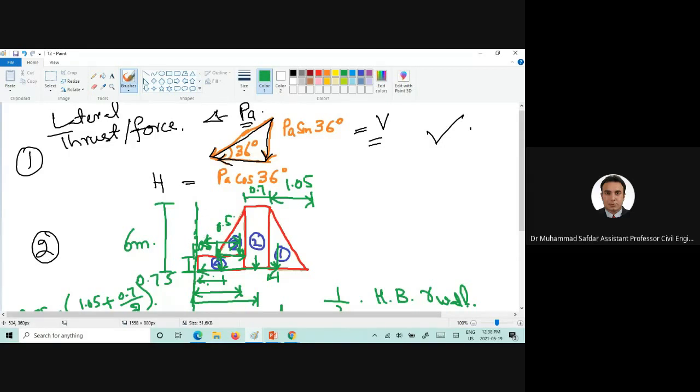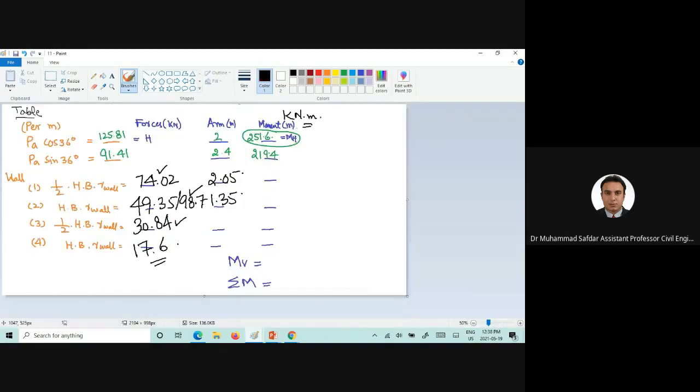We can clearly see that this portion is 0.5, this portion is 0.5, and this portion is also 0.5. So the lever arm here would be 0.5. I need the moments values as well.